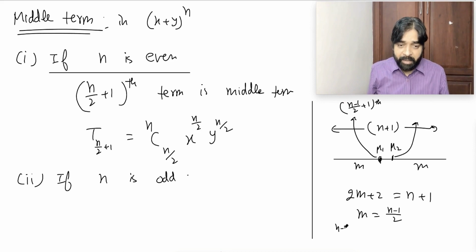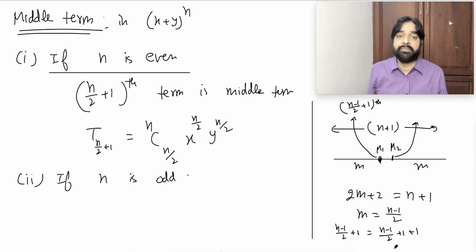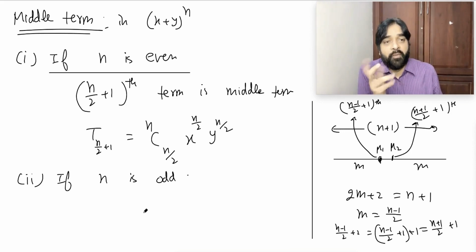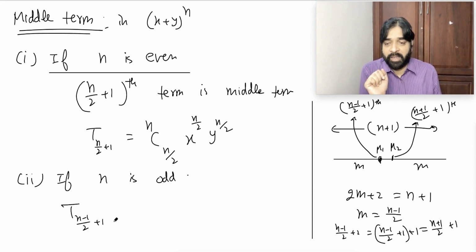I will say n minus 1 by 2 plus 2. Or you can say, watch it carefully, n minus 1 by 2 plus 1 plus 1. Or combining these, n minus 1 plus 2 means n plus 1 by 2 plus 1th term. So if n is odd, which are the middle terms? I will say T of n minus 1 by 2 plus 1th and T of n plus 1 by 2 plus 1th term.